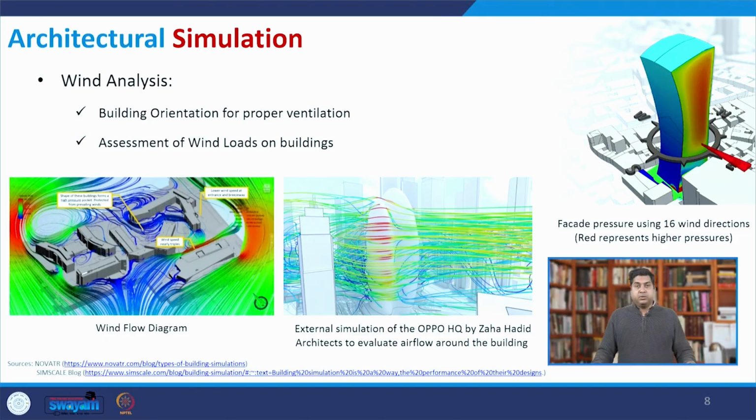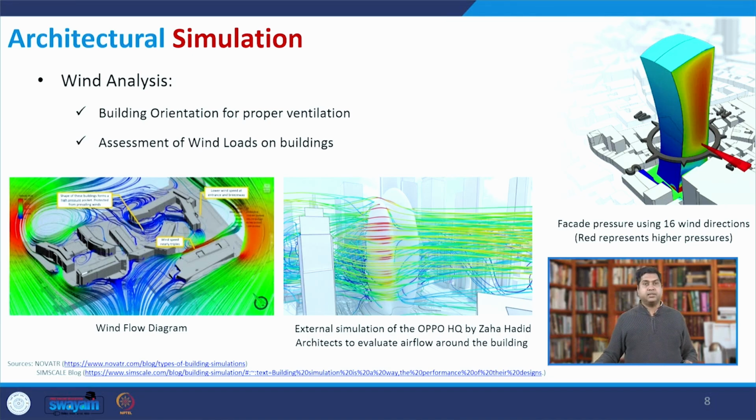I talked about wind as a factor, so wind analysis is also very important, and for that we do testing like the tunnel effect and all. So: building orientation for proper ventilation and assessment of wind loads on buildings.